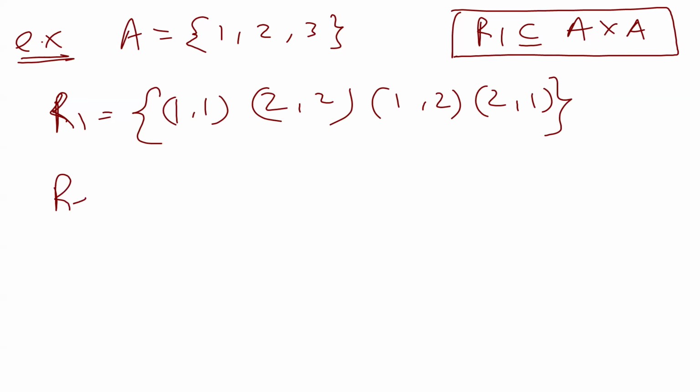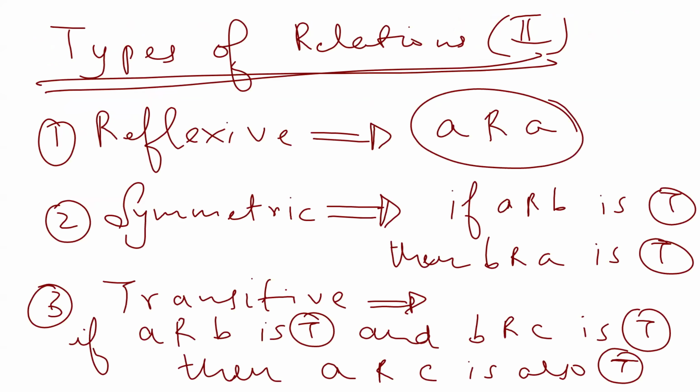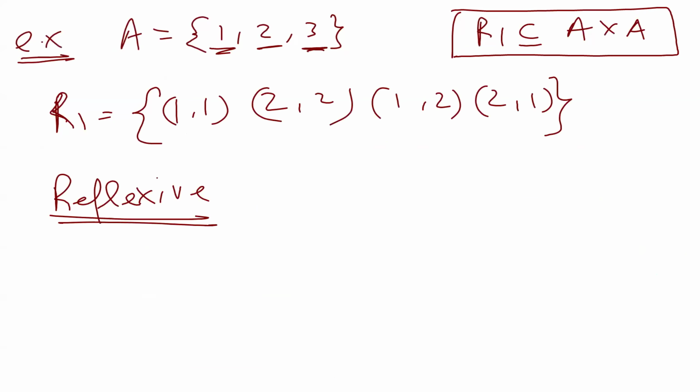So first thing we will try and understand is what is reflexive. Now reflexive specifies every object should relate to itself. A relates to A. Every object should relate to itself. So 1 relates to 1, 2 relates to 2, but then (3, 3) is missing.